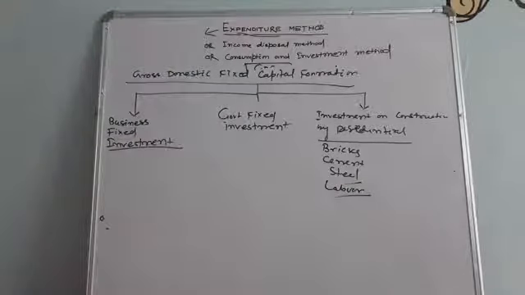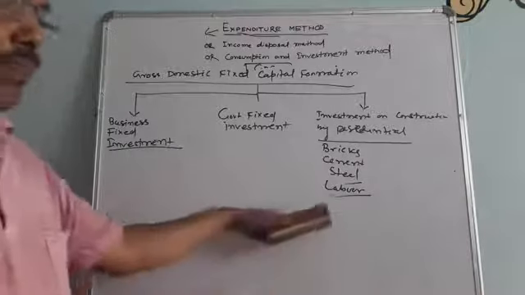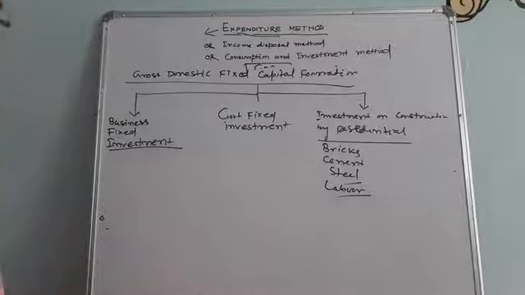How is this expenditure calculated? Bricks market price, cement market price, steel market price, and how much labor we are using in the process of constructing the building. That kind of expenditure is called investment on construction of household buildings.